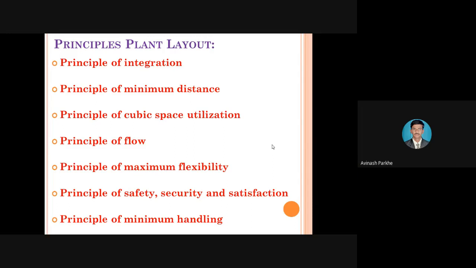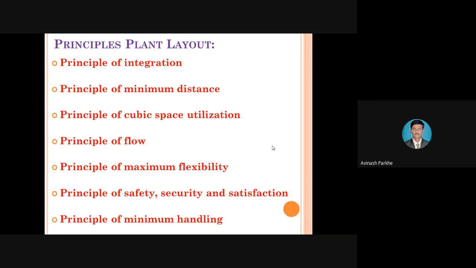During the designing and implementation of the plant layout, we have to consider these 7 principles. If we consider all of them, utilization of all the resources will take place in an effective manner, and at the end, the productivity of your industry also goes on increasing.